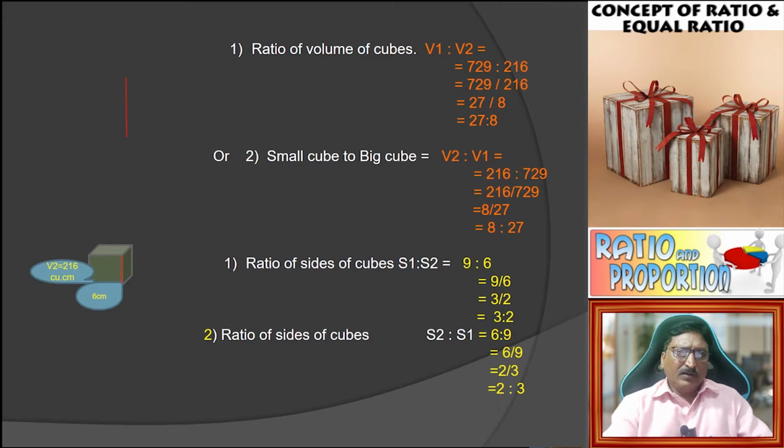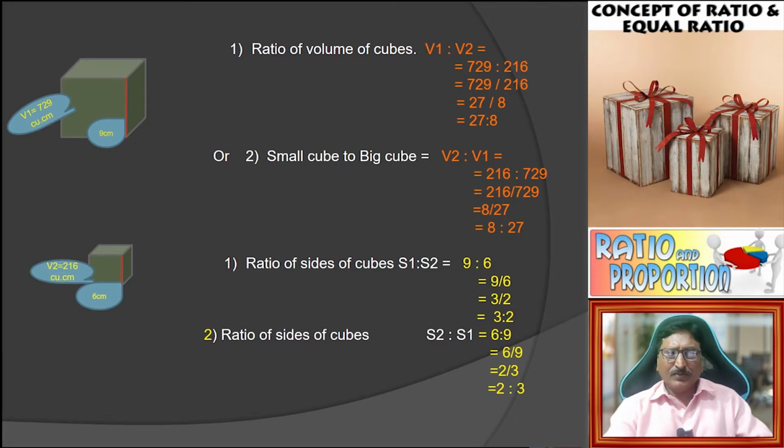Another one, you are given the ratios of volume of cubes. See in the example, the volume of first cube is V1. It is 729 cubic centimeter, and volume of another cube is 216 cubic centimeter. Then how will you write the ratios of their volumes?